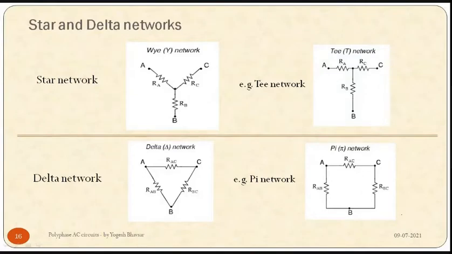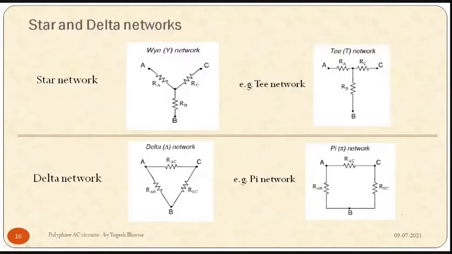Now, star and delta network. See, in the last unit we have seen three-phase AC circuits. In that case also we have seen star and delta networks. Now the same pattern of network is there, but this is not the three-phase network.